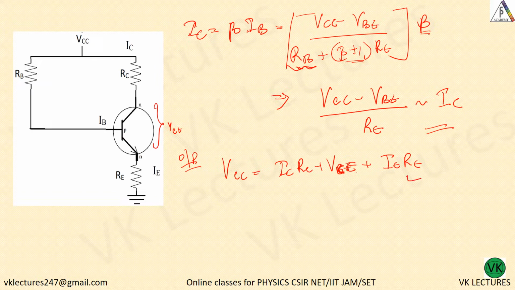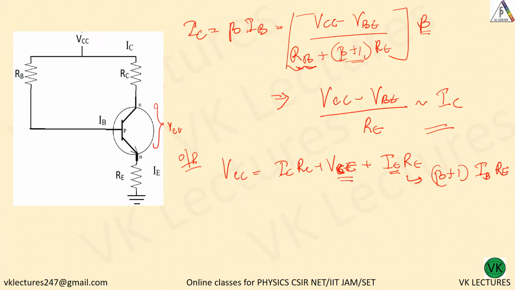Here also you can substitute IE equal to beta plus 1 into IB, so IE RE is beta plus 1 into IB into RE.